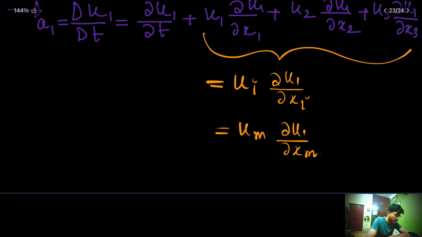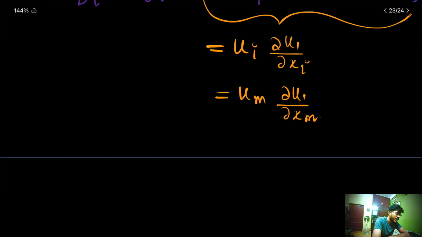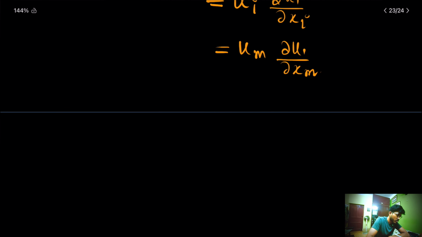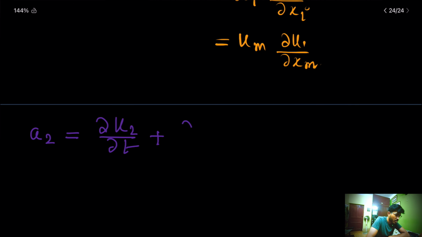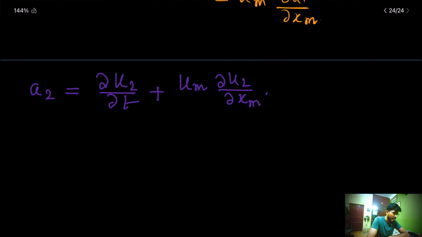Now if I have to write the A2 component, then for sure it will be del u2 del t, this term, plus now you can write um del u2 del xm, right?